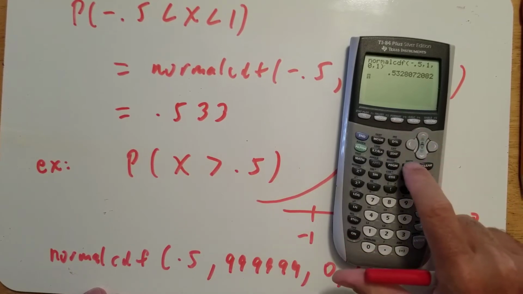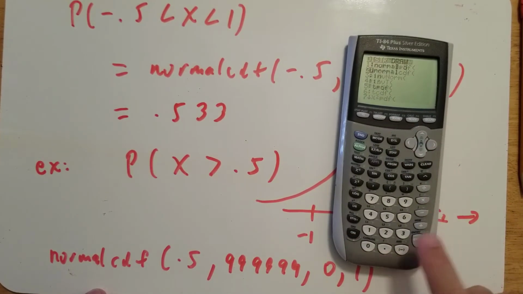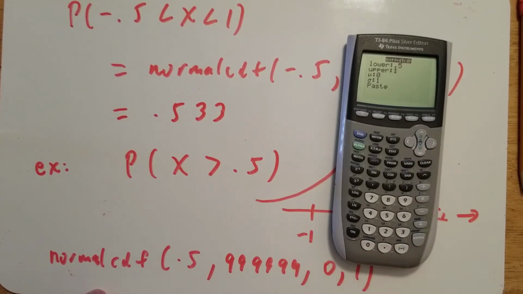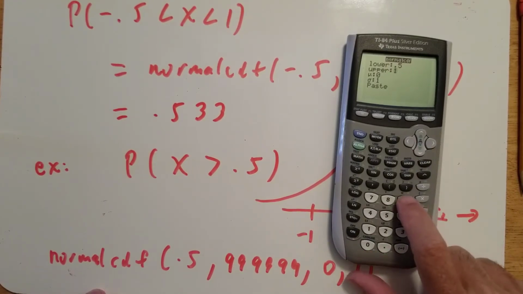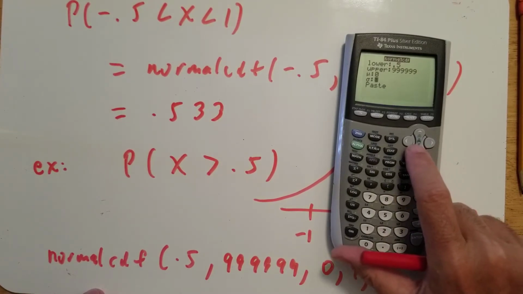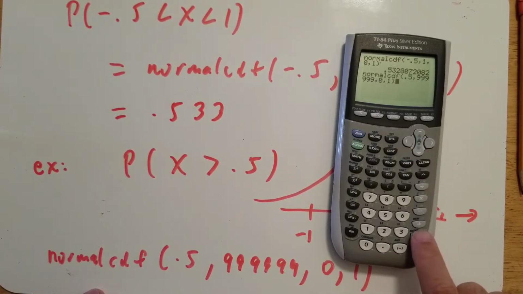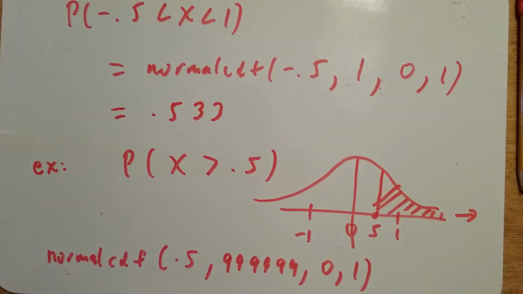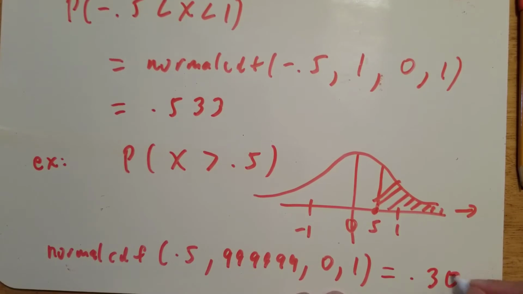So I'm going normal CDF, the low x is 0.5, and this time for the high x, because it's going on forever and ever and ever, I'm just putting in a very big number, 999,999, and it comes out about 0.309, rounded off to 3 decimal places.